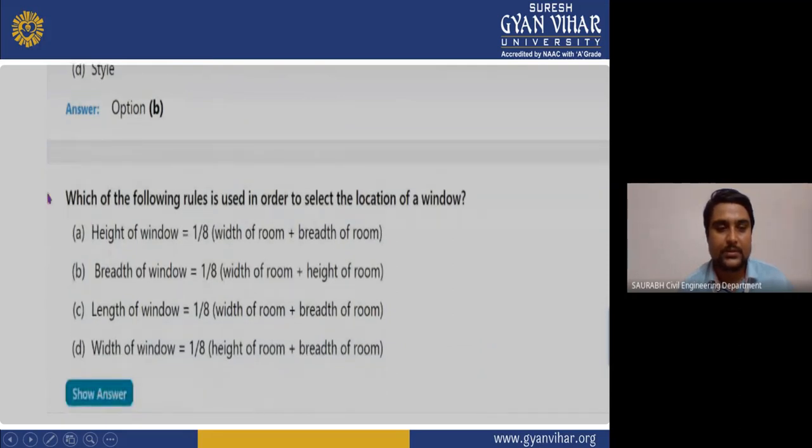Come on the next question. Which of the following rules is used in order to select the location of a window? The first option is: height of window will be equal to 1 by 8 width of the room plus width of the room.